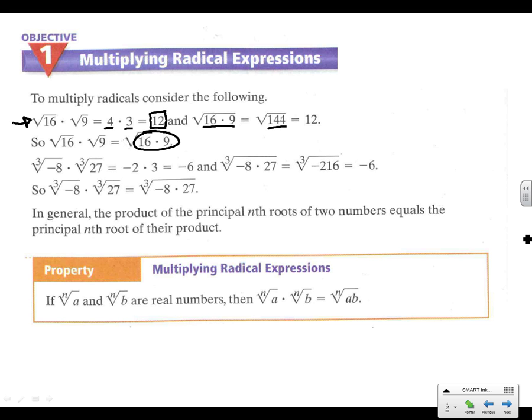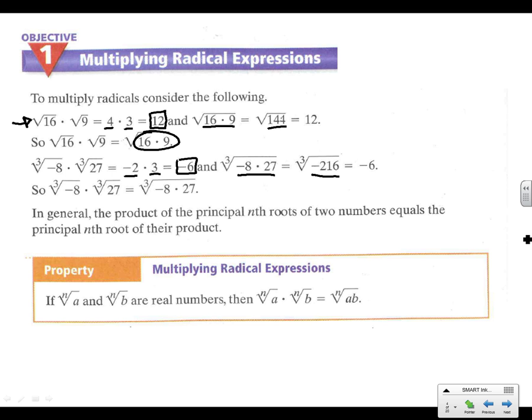All right? So when we work on cube roots, we start with the cube root of negative 8. That's negative 2. The cube root of 27, that's 3. And we should get negative 6. Let's see if that works to just multiply them together. Negative 8 times 27 is negative 216.